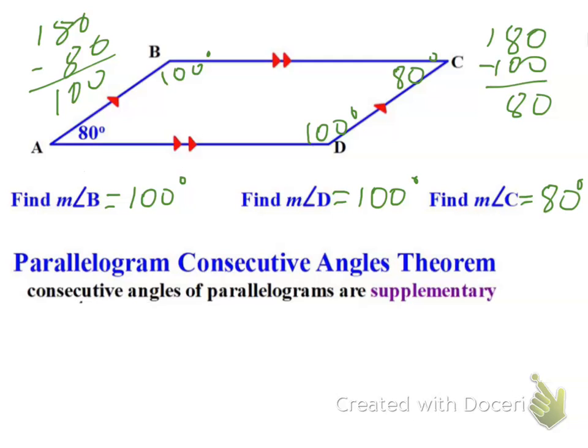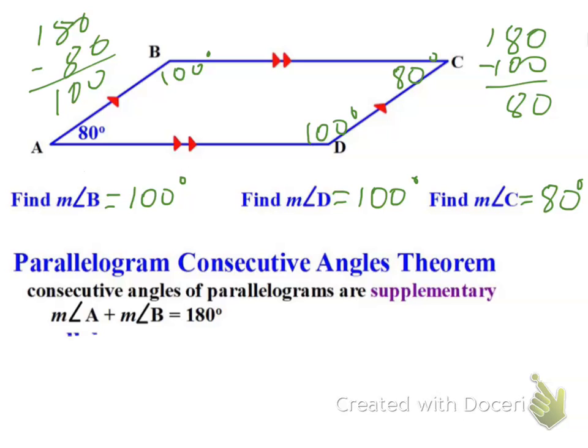Consecutive angles of parallelograms are supplementary. The measure of angle A plus the measure of angle B will always equal 180 degrees every single time. Remember, consecutive means right there next to each other. The angles right next to each other will always add up to 180 degrees because they're same side interior angles between two parallel lines.